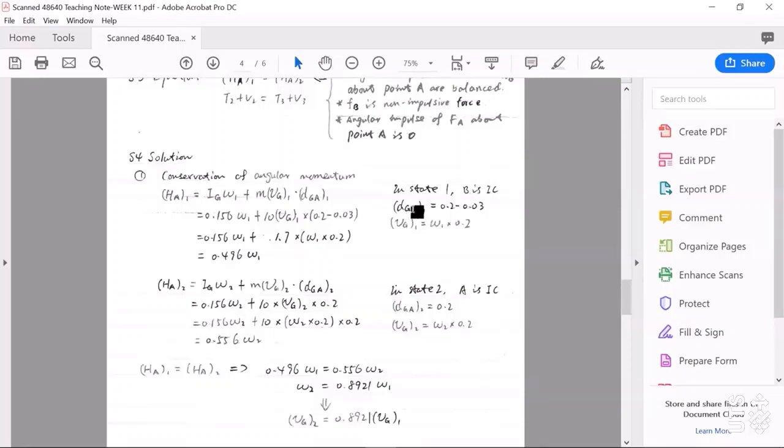The distance from G to A can be easily calculated, so we can express Vg1 using omega 1. In state 2, point A is the rotation center point. The distance from G to A is 0.2. So we can express Vg2 using omega 2.